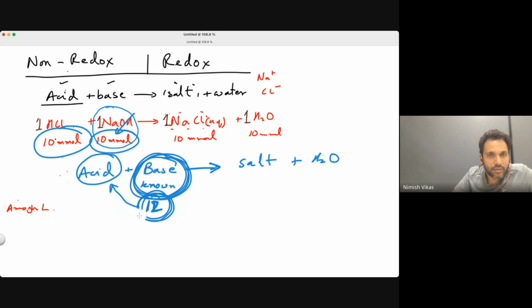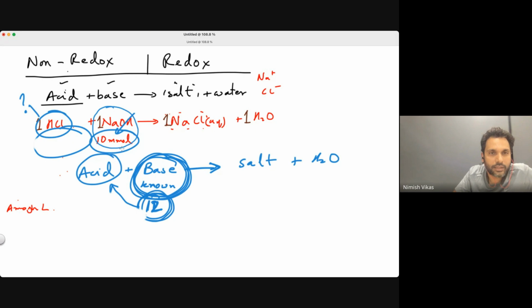Yes, sir. Okay, I'll again repeat my point. If they say NaOH was getting used to neutralize HCl and they give you the exact amount of NaOH, then you know the exact amount of HCl, right? So it is so easy.